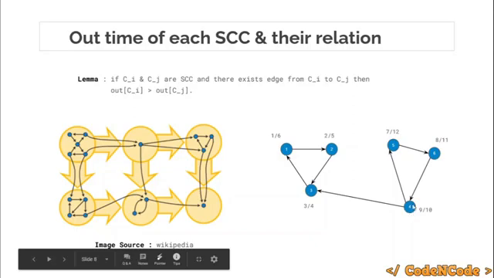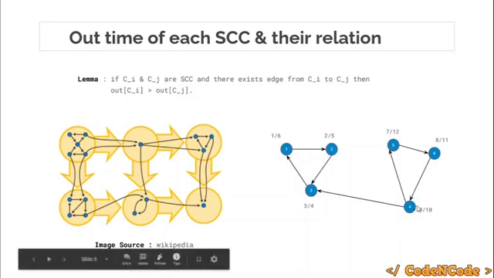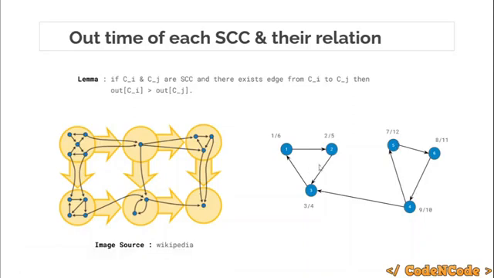Then we are starting to leave each node of SCC B. Clearly the DFS calls from these nodes have already exited. Then we are exiting from these particular nodes. So we have left these nodes earlier, before we are leaving this node.